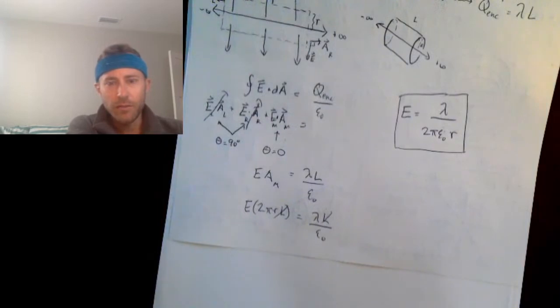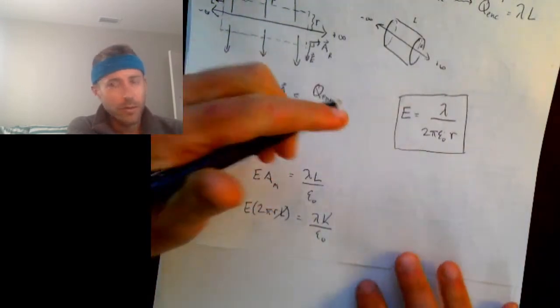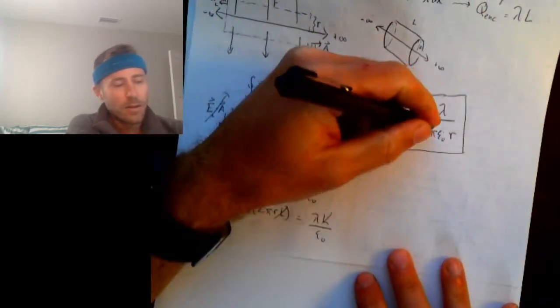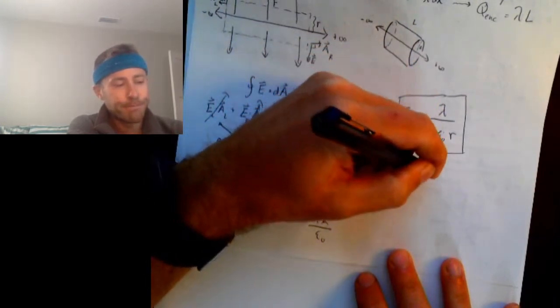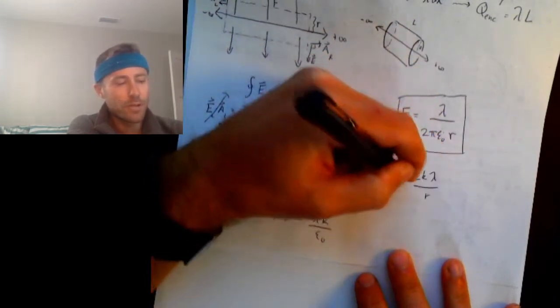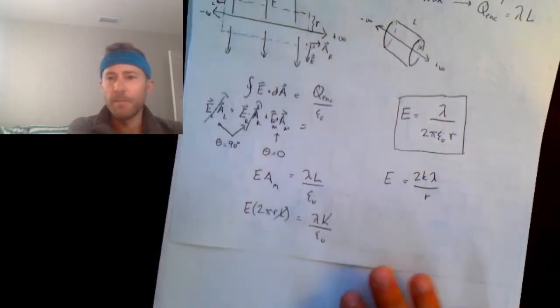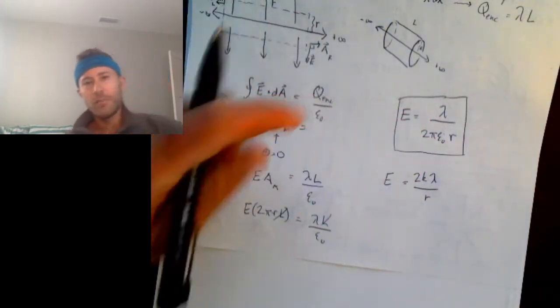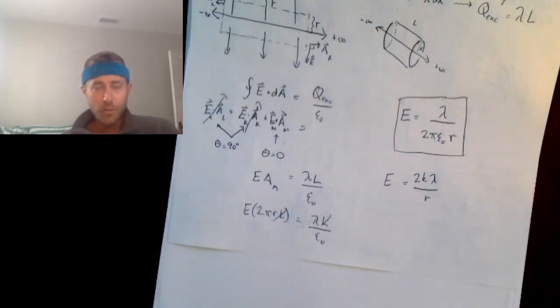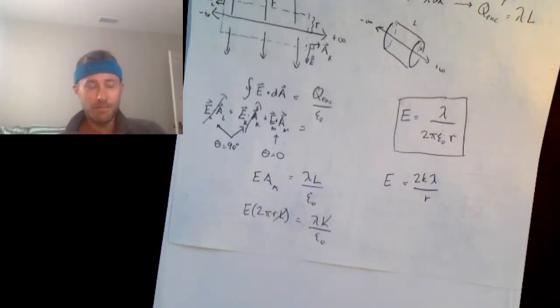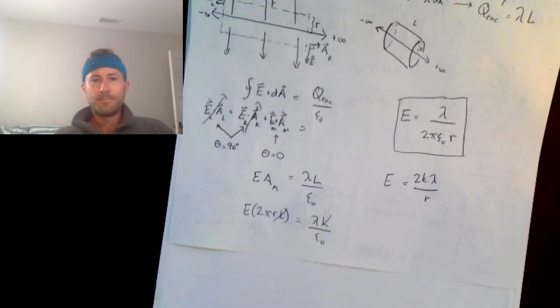If I replace it with k, 1 over 2 pi epsilon naught is 2k. So I could also write it as 2k lambda over r. And this is the same as the answer we got when we did the integral from negative infinity to infinity. Okay? So that's really cool.